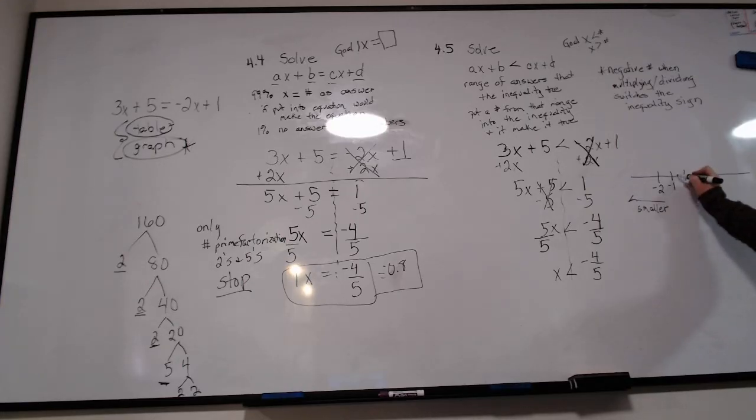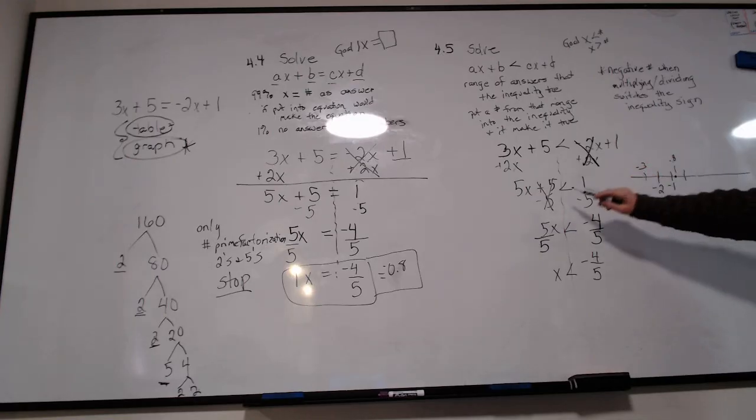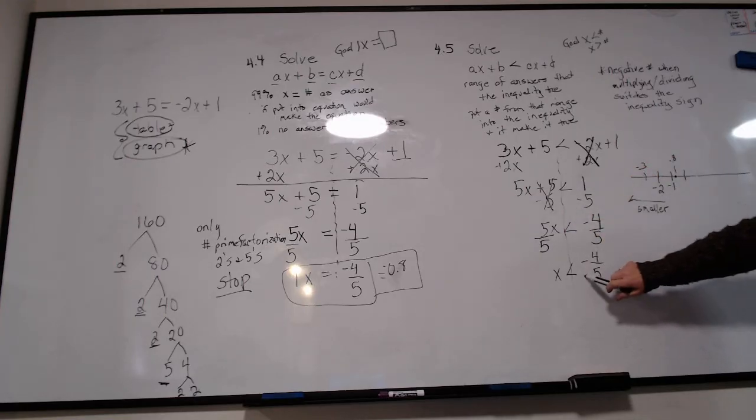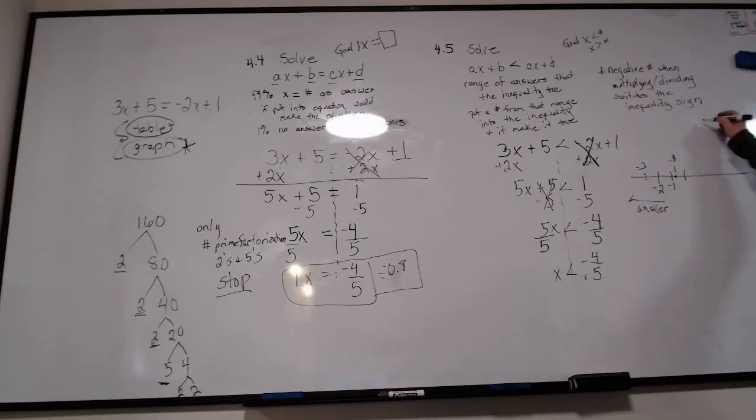If I'm looking at negative 4/5, which is right about here, that's negative 0.8. Negative 1 is smaller, negative 2 smaller, negative 3 is smaller. Any of those you could put in there. You just have to pick one in this range. Negative 1 is a beautiful one.